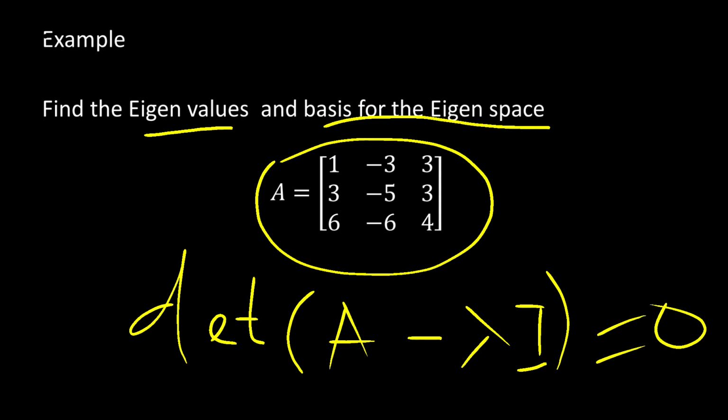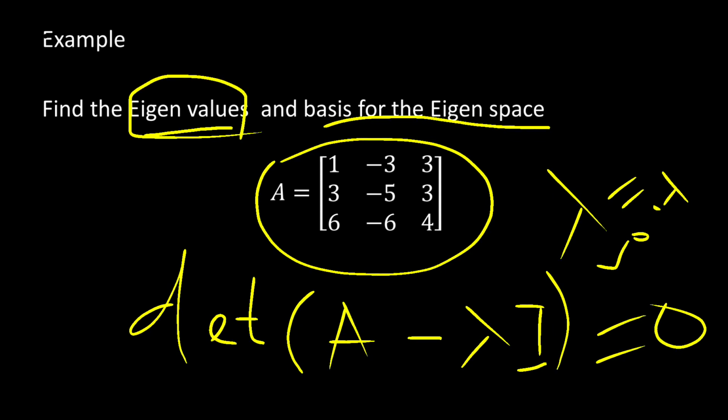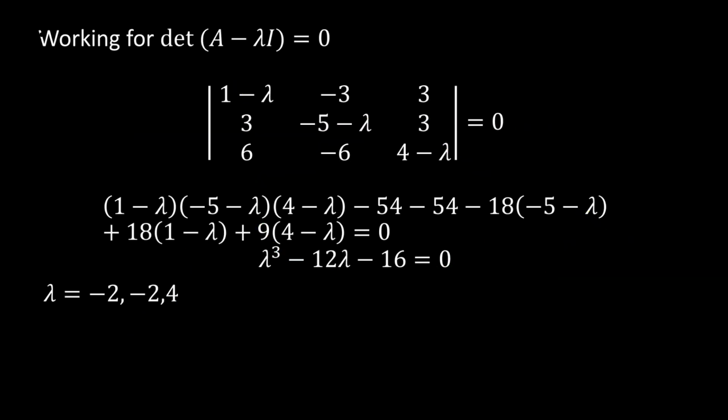When you solve this, we will be able to get lambdas, which will be the roots of the characteristic equation, and by that fact, eigenvalues. Okay, so let's start working as we have just said.